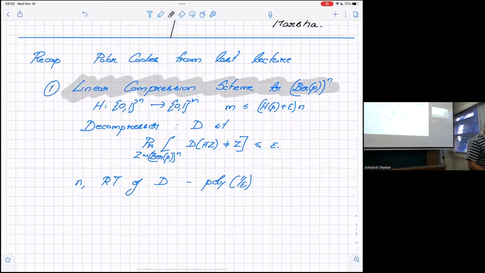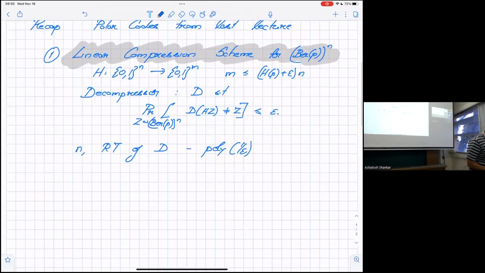We reduced it to this problem, and having said that this is the problem we want to solve, we talked about something called a polarizing matrix. What's a polarizing matrix? A matrix P is an invertible matrix.